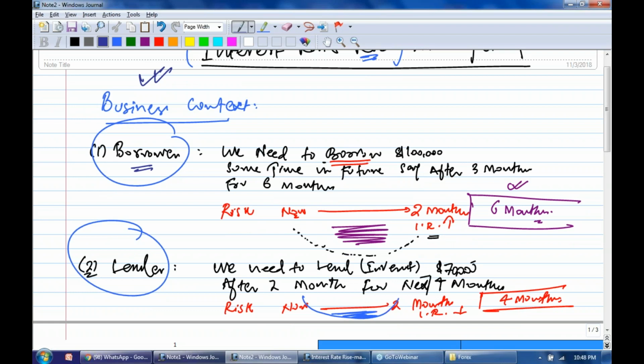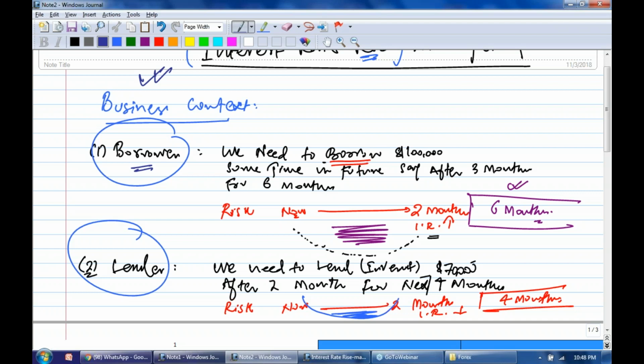For example, what is the risk with respect to the borrower? It's very simple. If we need to borrow money after some time, what will be the risk as a borrower? Interest rate will increase and we will get a loss. In this scenario, we need to borrow $100,000 sometime in the future, say after 2 months, for 6 months.